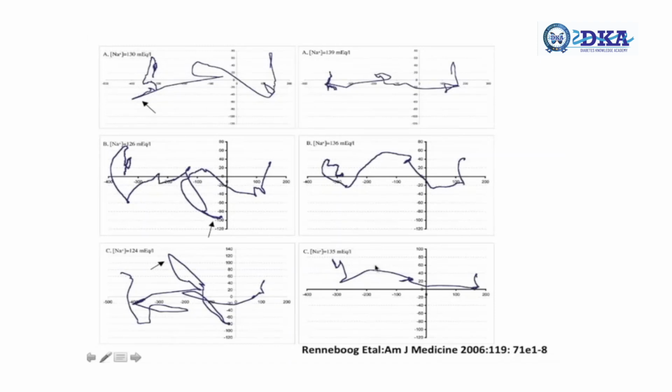I've given you examples of live cases from my own patients where they have drawn the number connection test with serum sodium as low as 125, 128 or 129. Even at that level, their ability to connect the numbers was not normal. Therefore, a sodium of 128, 129 or 130 is never benign unless you actually do a proper cognitive examination of these patients.